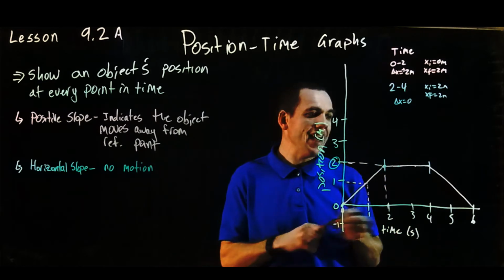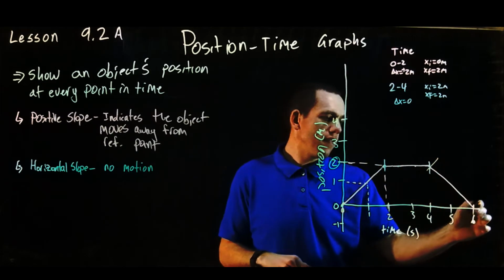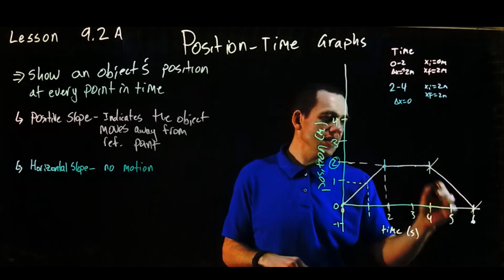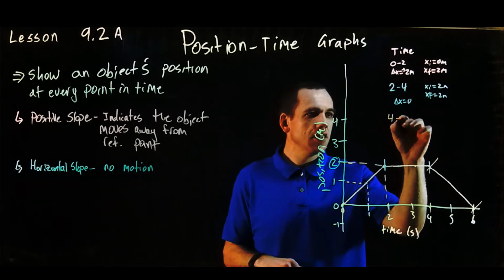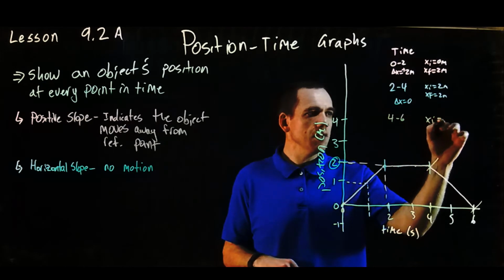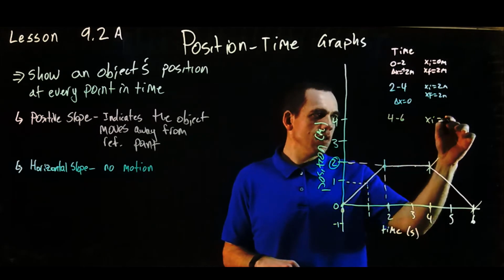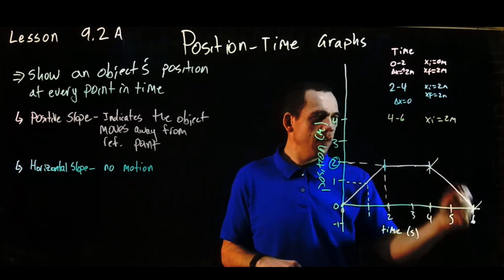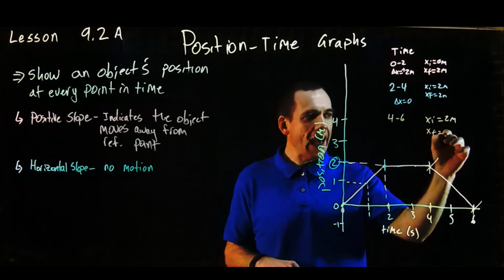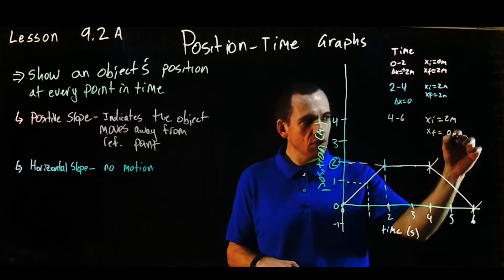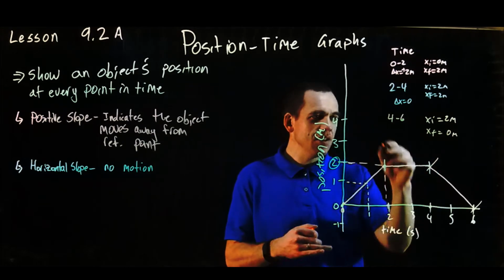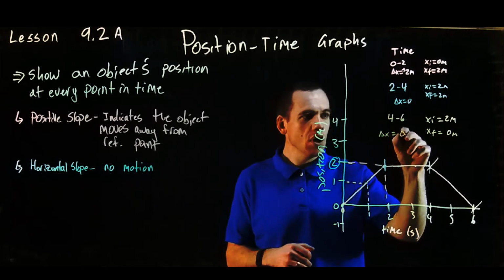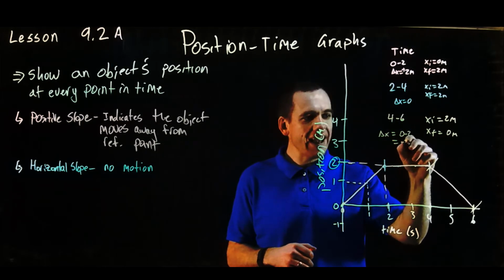And then we have this last section right here from 4 to 6 seconds, right? Started at 4 seconds, ended at 6 seconds. We started with an initial position of 2 meters. We end with a final position down here of 0 meters, right? It ended up back at the origin, 0 meters. And that means our displacement, remember displacement is final minus initial, that's 0 minus 2, that's negative 2 meters.